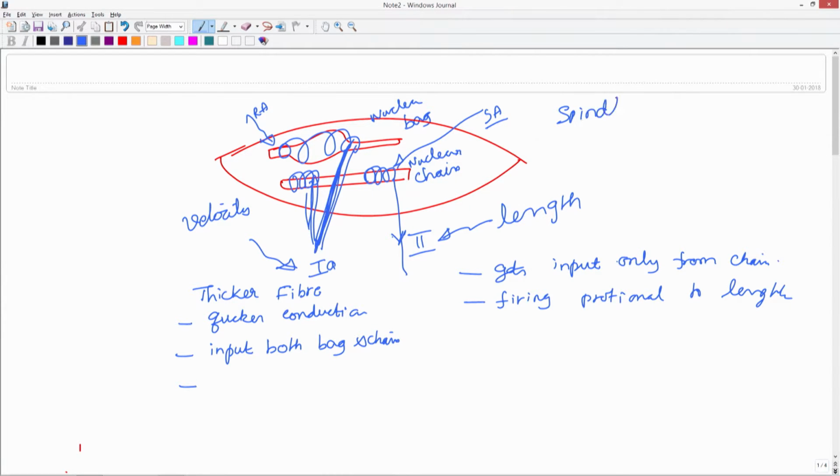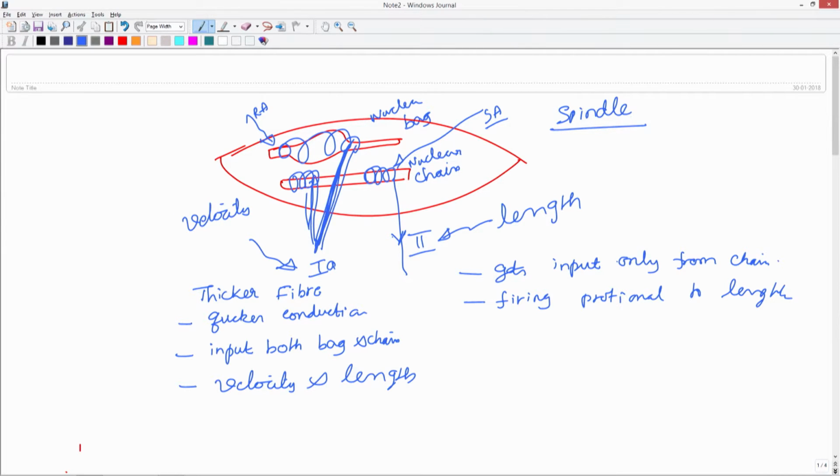Okay. So, the spindle itself measures not only length, but also velocity. That is a take home message I am deriving. Okay. Let me write it as velocity and length, it is what it is measuring. These are all going to the CNS.